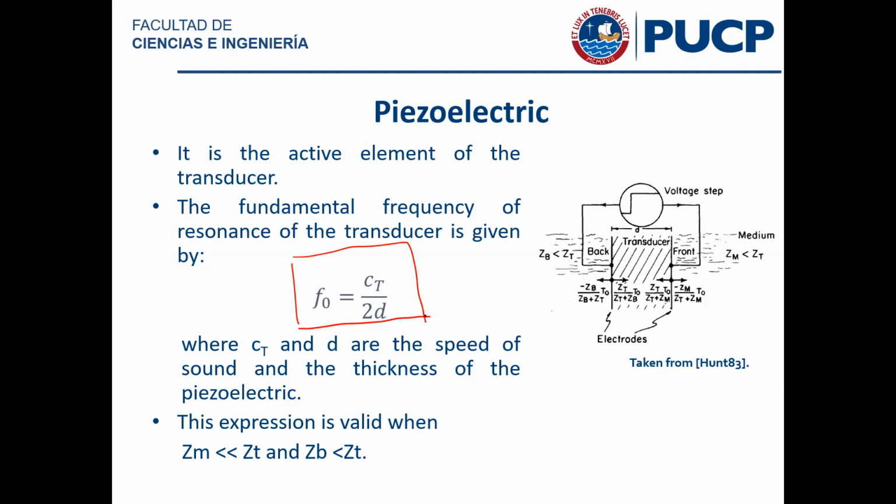The resonant frequency is equal to the sound speed inside the piezoelectric material divided by 2 times the thickness of the piezoelectric material.